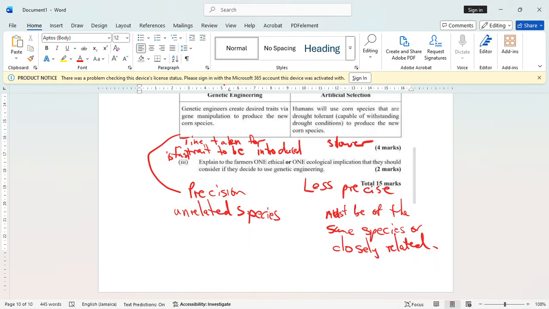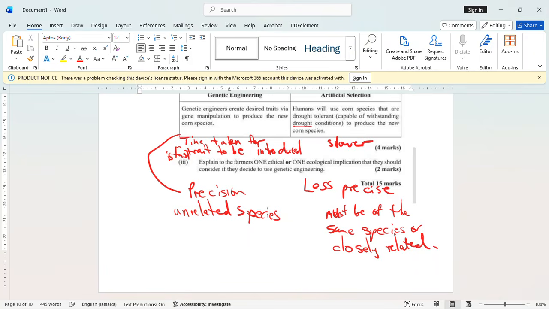In terms of precision, the targeted genes that you want, you just put it right there in the plant. For artificial selection, it's less precise. You may have to give and take when it comes to the plant that you're selecting for your drought resistant condition.